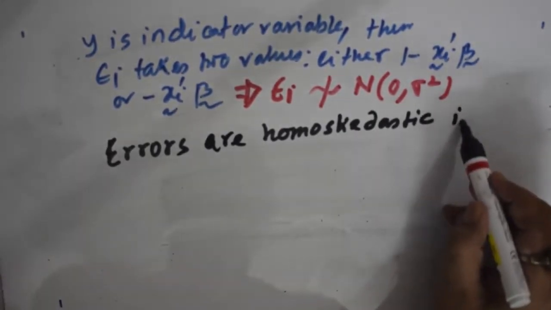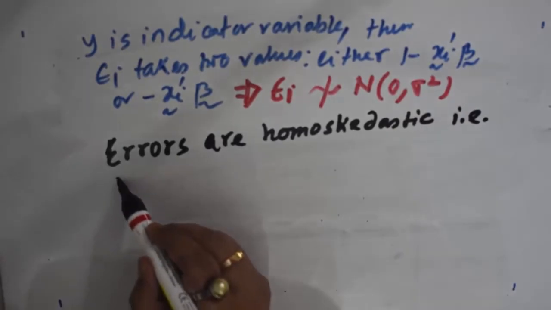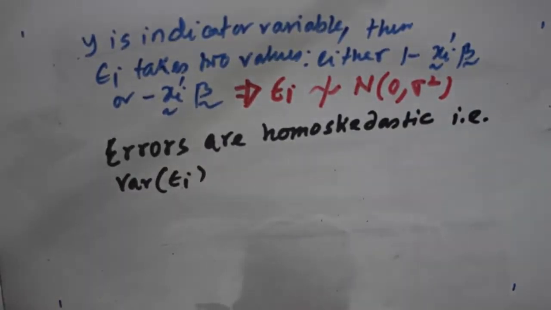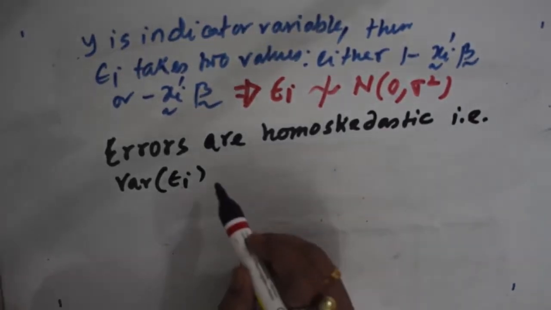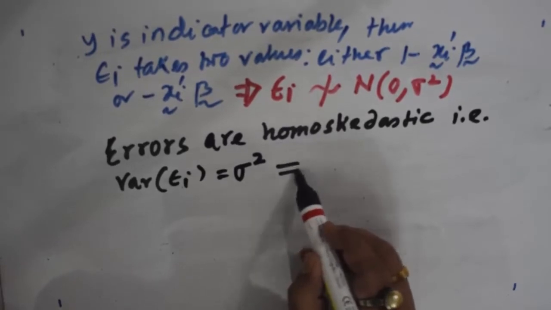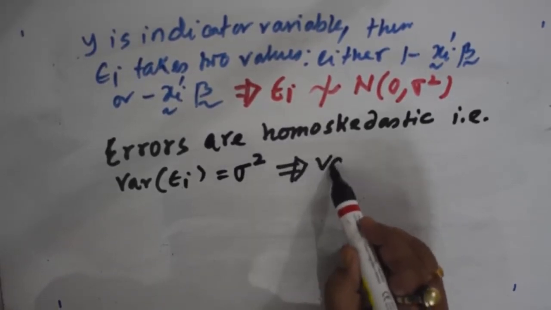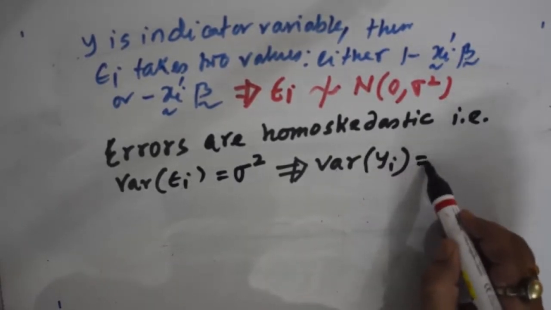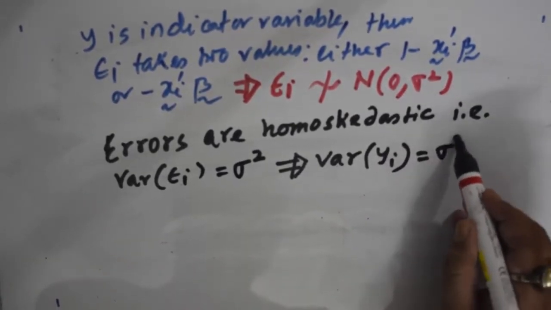That is, variance of epsilon i equal to sigma square. This implies variance of yi equal to sigma square.